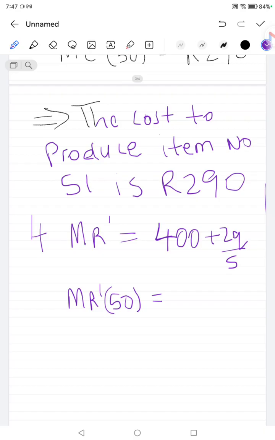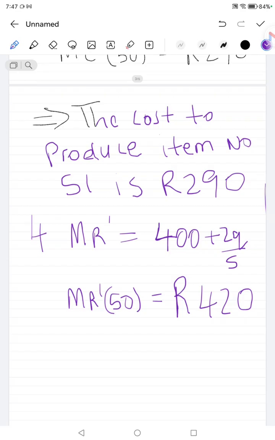No, this round I'm giving other people a chance. So it's 450. Why aren't you guys confident about your answer? 400 plus 2 into 50 is 420. I thought I had 450. Okay, so yes, it's 420.